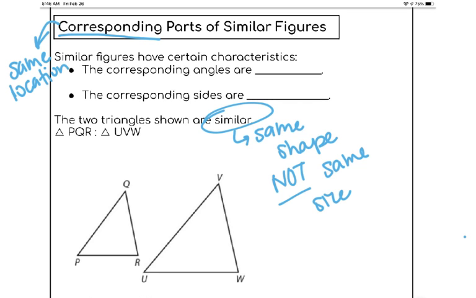So, for the corresponding angles of similar figures, I want you to think about a 90-degree angle. Say that this side is 2 and this side is 2. Well, if I enlarged it to this side being 4 and this side being 4, did it change the angle? No. So the corresponding angles of similar figures are congruent.